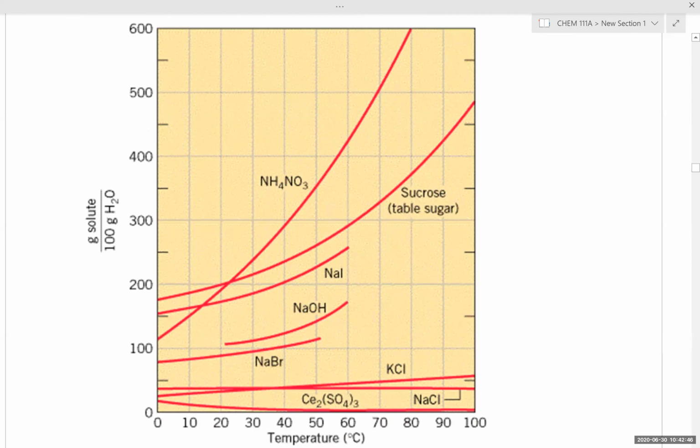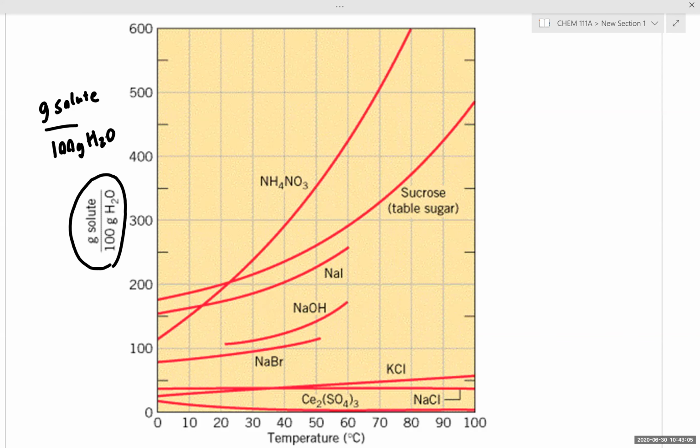Now, let's read our units carefully. Our units for solubility are grams of solute per 100 grams of water. Whenever you look at a solubility curve, it's important to check the units.